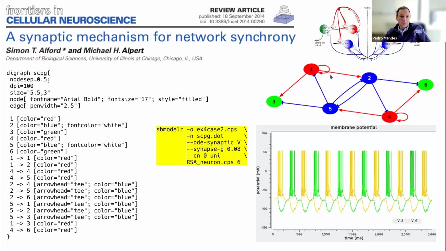It follows this structure. This is the network representation, but this is what their paper has. And it's, again, a very simple command for SB modeler. You have the base unit, and you tell it that you're going to follow this network file that describes how the connections are. And here is the network file, which has all the connections.